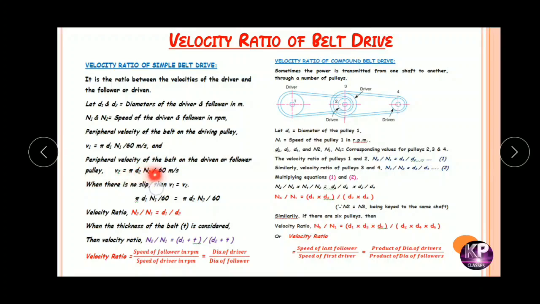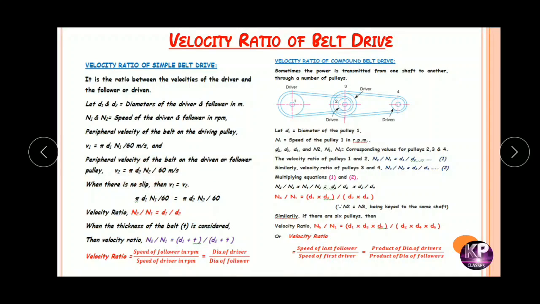Similarly, peripheral velocity of the belt on the follower pulley, v2 equal to pi d2 n2 upon 60 meter per second. If there is no slip, then v1 equal to v2.